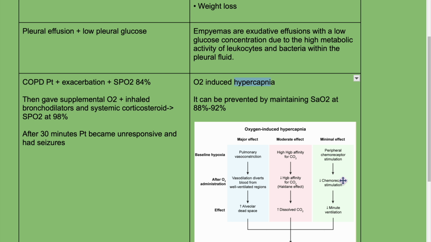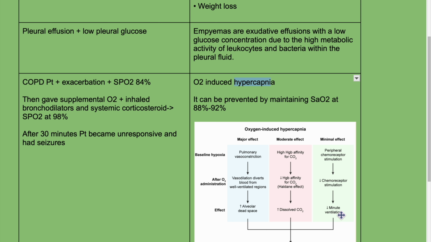There's decrease in chemoreceptor stimulation, so now you have decrease in ventilation as well. Manifestations of hypercapnia are mainly neurologic and include headache and somnolence. Hypoxemia may be absent.